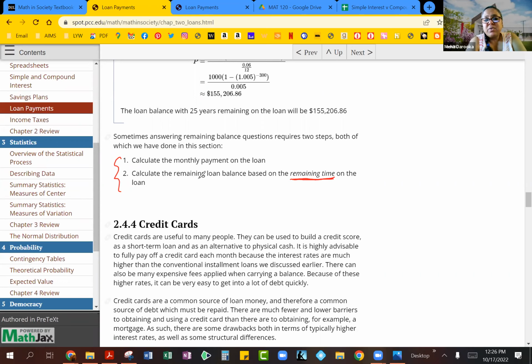So those are basically the 2 steps involved in calculating what your remaining balance is going to be.